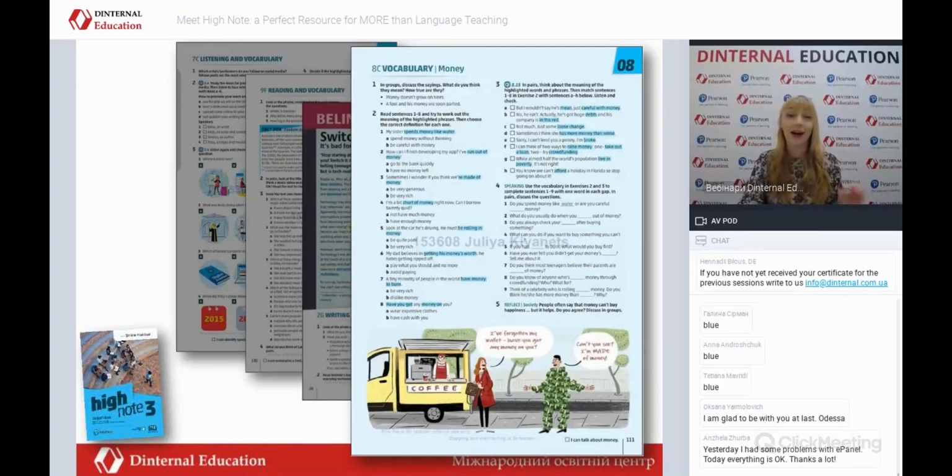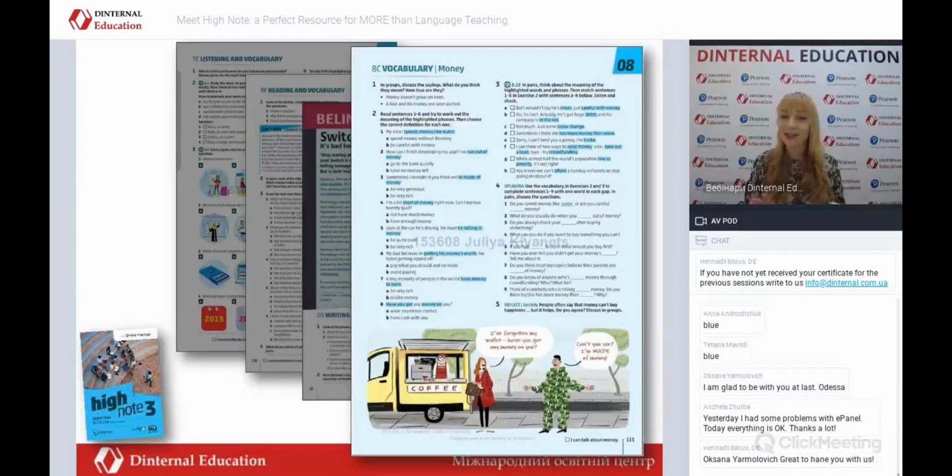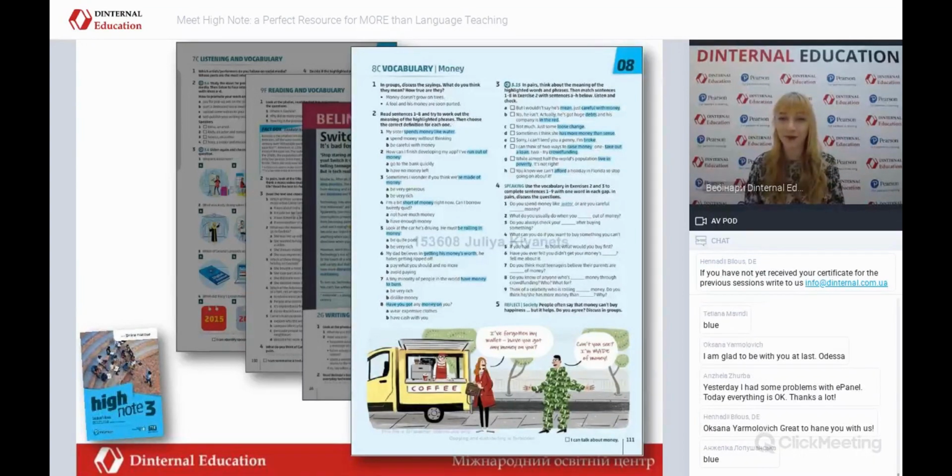And I have already said that in each unit, there is a separate lesson on vocabulary. So for example, here, Unit 8, the topic is money. And you will always easily find this vocab lesson because it looks different from every other lesson in the unit. So who is the most attentive here? Who can tell us how we can easily find this page even if we are just flicking through the pages of the book?